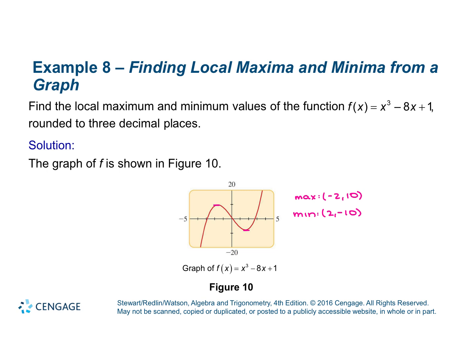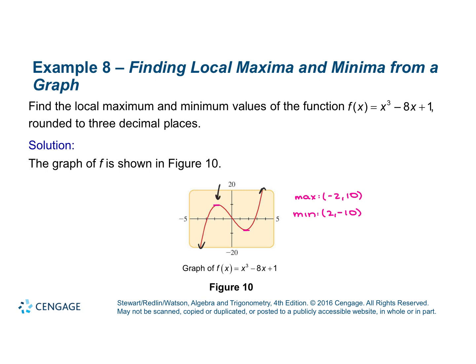So, example A, finding local maximum and local minimum from a graph. So finding the local maximum and minimum value of f of x. We have this function x cubed minus 8x plus 1, rounded to 3 decimal places. The graph of f is shown in figure 10. So these keep going on forever. It's just not shown. Obviously, we don't have an ending point. So we're going to look at the maximum. Again, it's all for you because it's the completed notes.